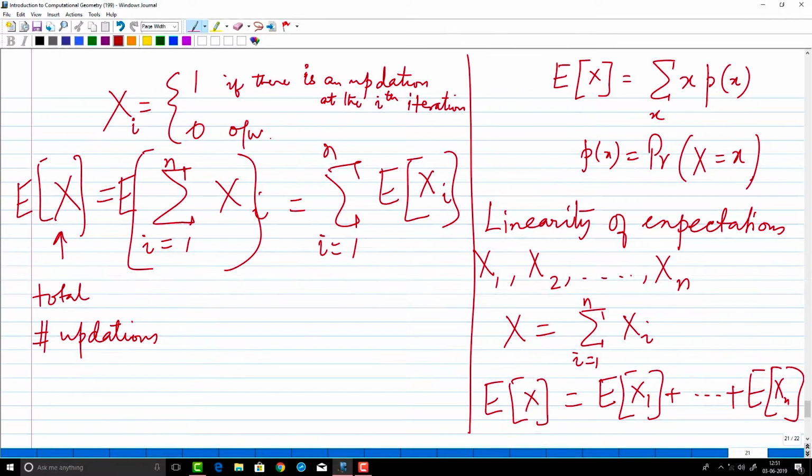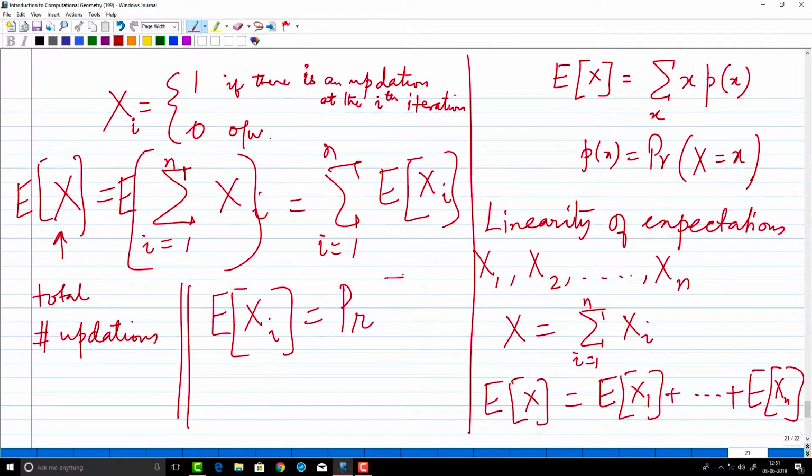And because X_i is an indicator random variable, it takes binary values only, you can also show that the expectation of X_i is nothing but the probability of X_i equals 1, because 1 times the probability of X_i equals 1 plus 0 times the probability of X_i equals 0, that part goes off, and you are just left with this.